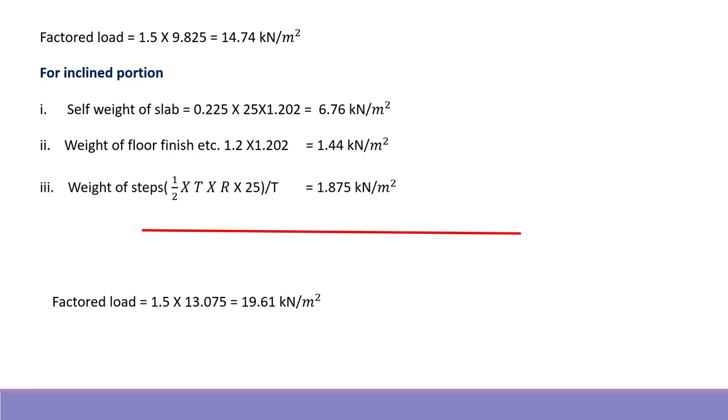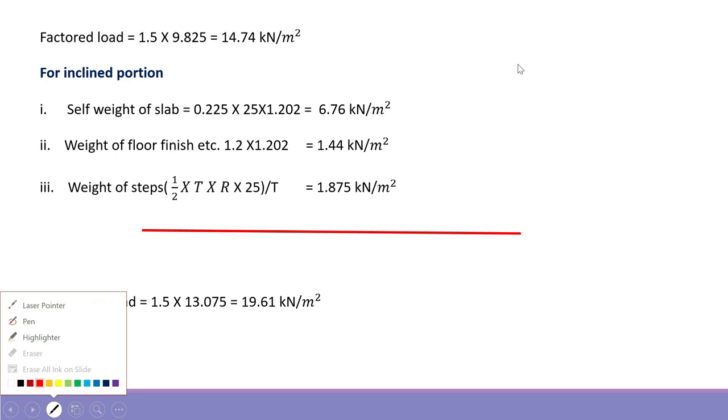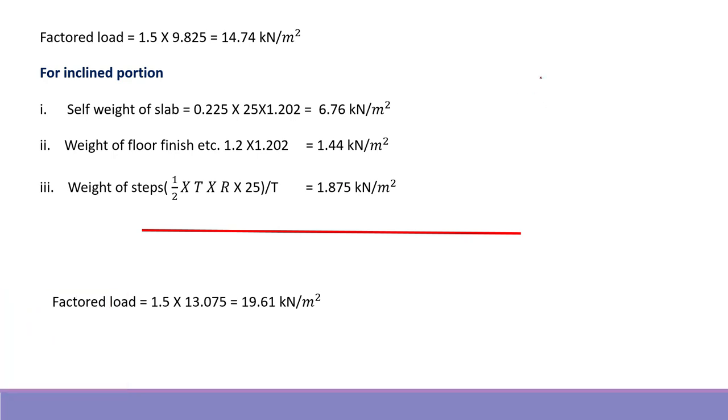Number 3 is the weight of the steps. You will see the step is a triangle, where the area will be half base into altitude. So this is T, the tread, and this is R, the riser.